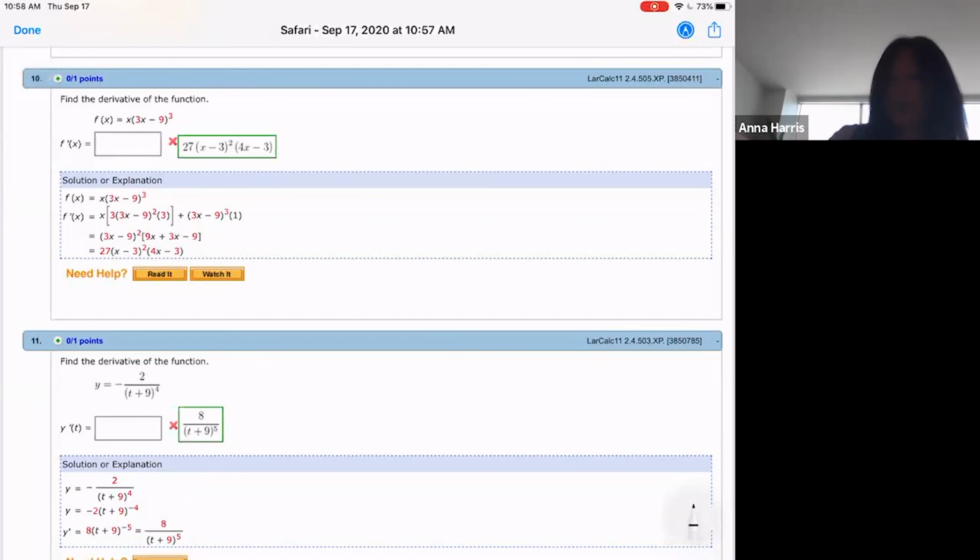So we have a problem, f is equal to x times (3x minus 9) to the third power. This is a product rule and a chain rule that we're going to use, okay?